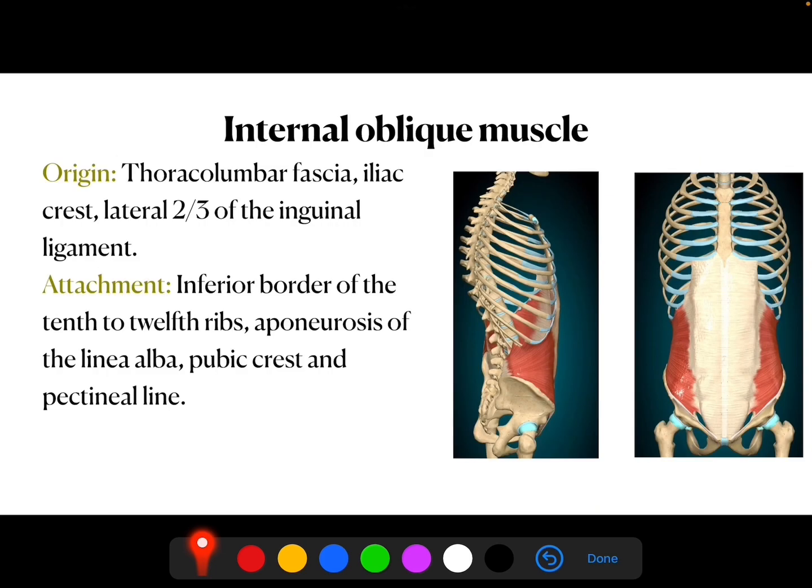Internal oblique muscle. It originates at the thoracolumbar fascia, iliac crest, and lateral 2/3 of the inguinal ligament. It attaches to the inferior border of the 10th to 12th ribs, aponeurosis of linea alba, pubic crest, and pectineal line.